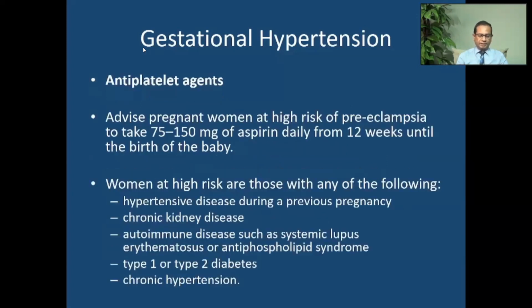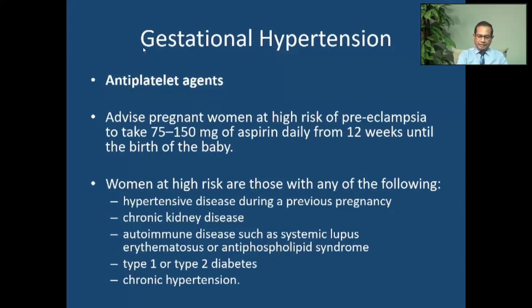Again, this is very important: any patient with gestational hypertension, we need to monitor this patient, and if the patient has a high risk of preeclampsia, now this patient is still in the gestational hypertension period, but if you think the patient has a high risk of preeclampsia, as I said earlier, you need to start aspirin, 75 to 150 milligrams daily from 12 weeks until the birth of the baby.